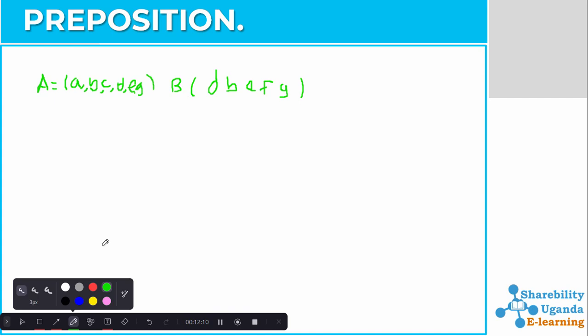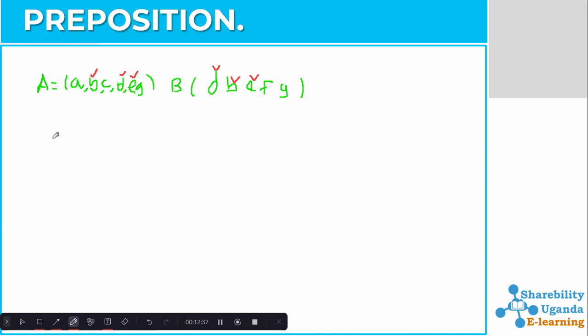Let's take these members which are common. We have A, do we have it here? We have a B, do we have it here? Yes. We are going to take out these members which are in both sets. We have an E here, we also have it here. We have a D here, also have it here. Then we also have which other one?